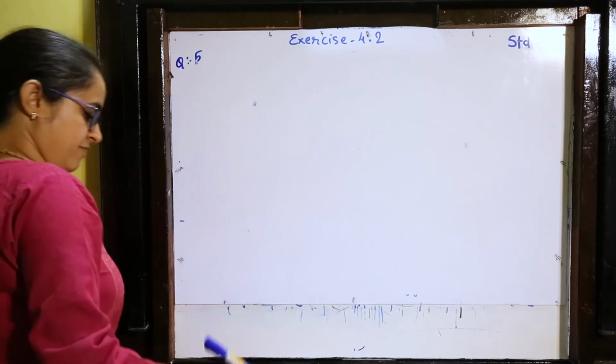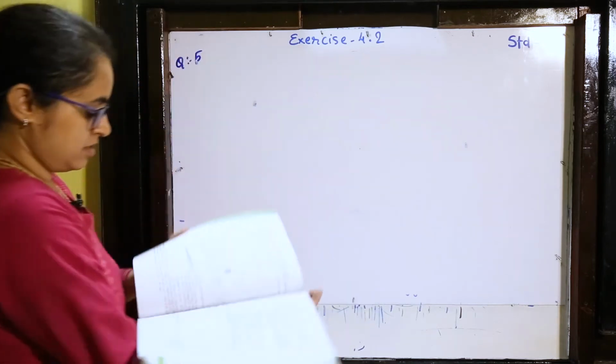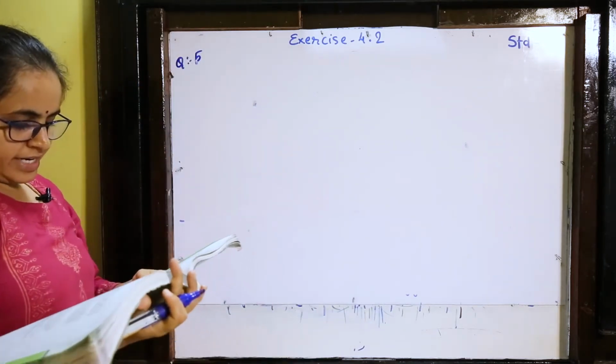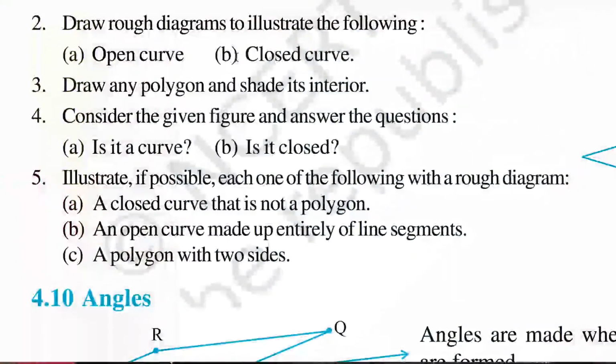Now question number 5 is: illustrate, if possible, each one of the following with a rough diagram. First of all, a closed figure that is not a polygon.